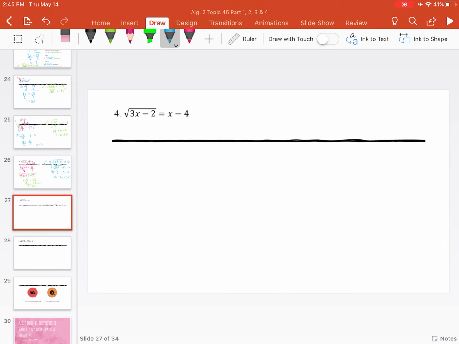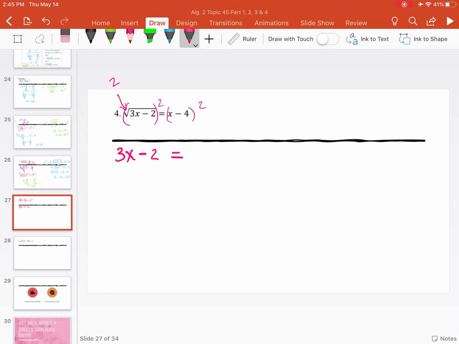Two more. Okay, next example, we have the square root of 3x minus 2 equals x minus 4. Now here the radical is already isolated. So my index here is 2, and I'm going to square both sides in order to eliminate that radical. So I'm going to be left with 3x minus 2 equals x minus 4 squared.